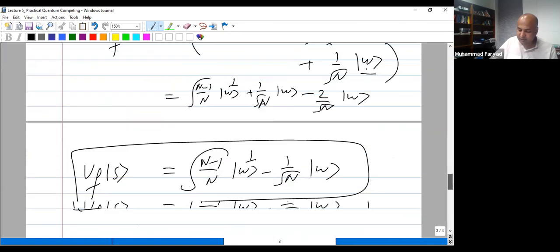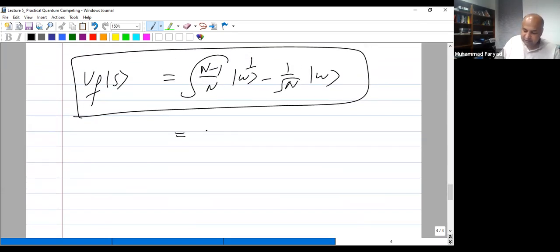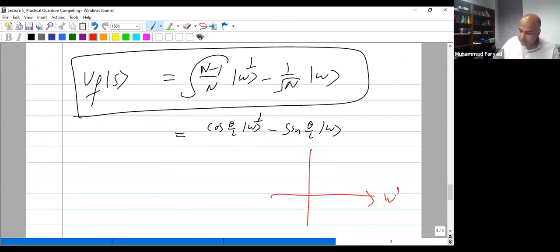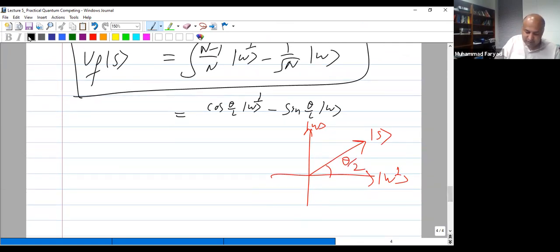So it means I can visualize it like this: that this is some cos theta by 2 W perpendicular minus sine theta by 2 W, which means that this is W perpendicular, W plane, W. So if this was S state making angle theta by 2 with this W perpendicular vector, this UFS state is a state that is flipped around this W perpendicular axis.